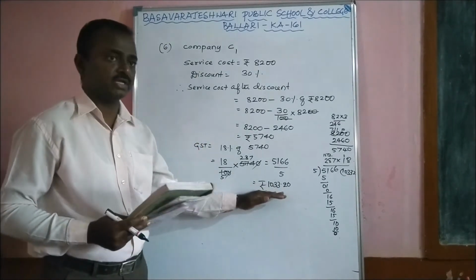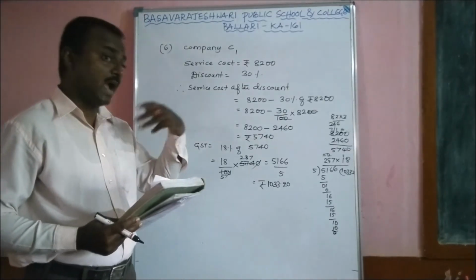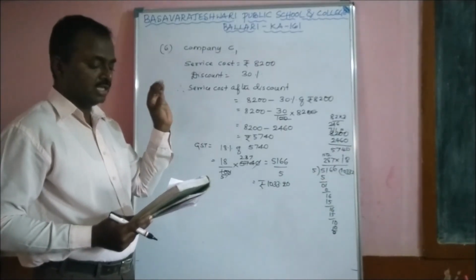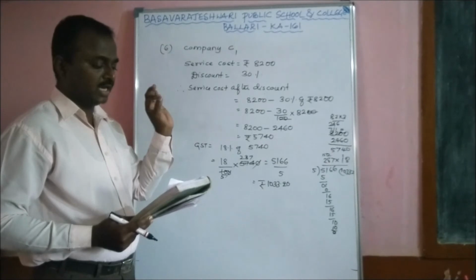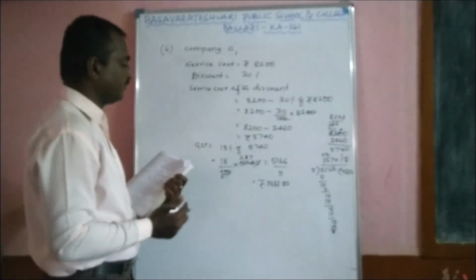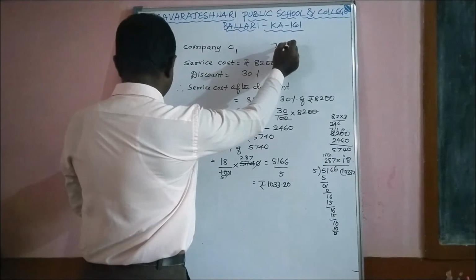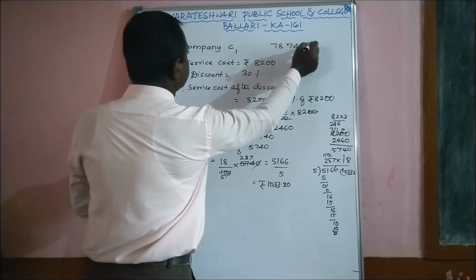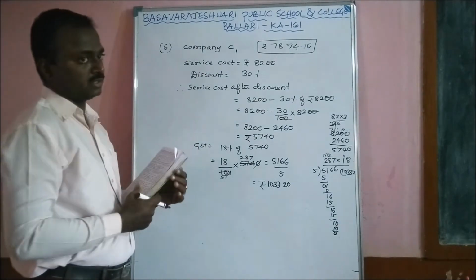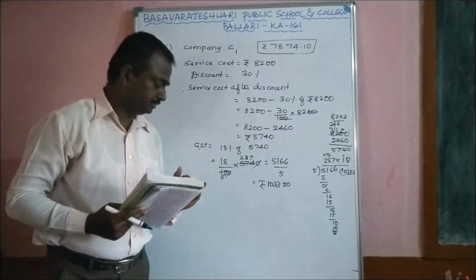You will get some output GST amount for each. Add those amounts, and I will tell you the final answer: 7,874 rupees 10 paise. This is the final answer you have to get. So note down this. The same method you have to follow for the remaining companies. Okay?